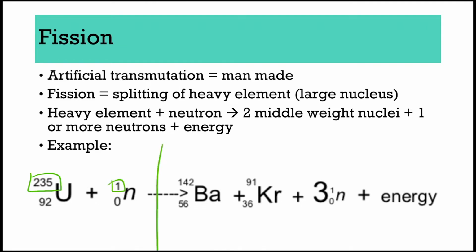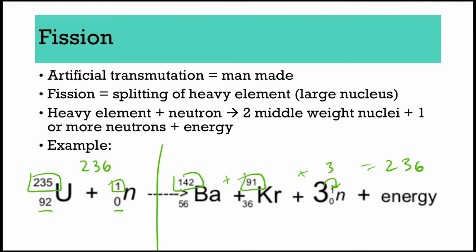If we add up the total mass of the left side of the equation, we have 235 plus 1, so the left side has a total mass of 236. If you add up 142 plus 91 plus 3 neutrons, that's 3, you get 236. So remember, mass is conserved. You can't just magically get rid of stuff. It just takes its form in different elements.